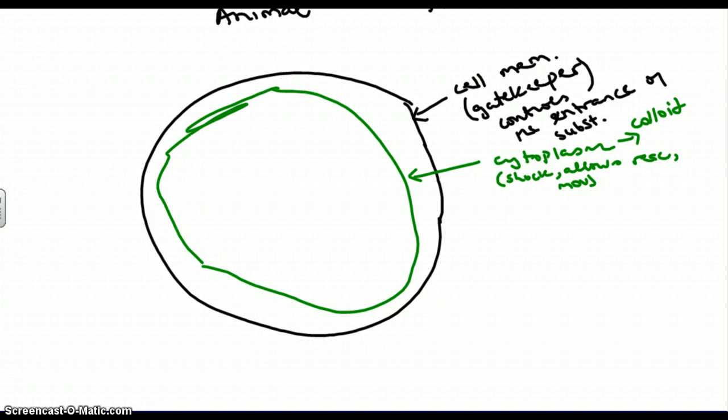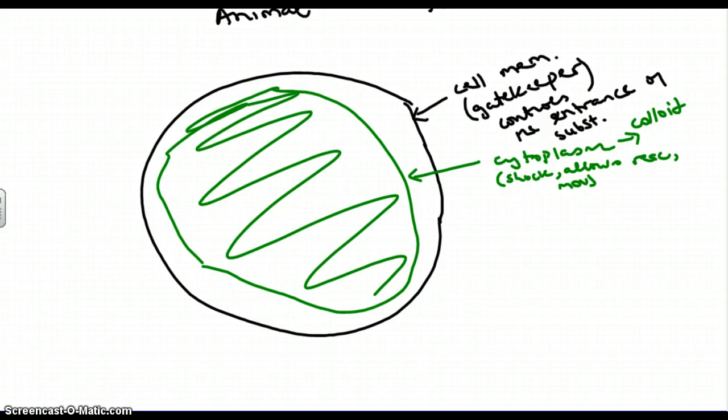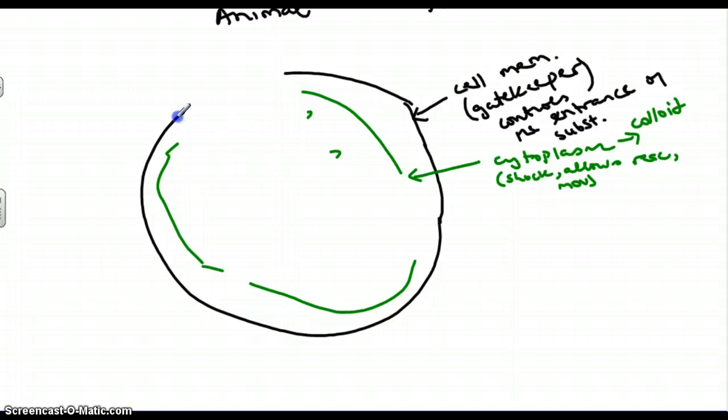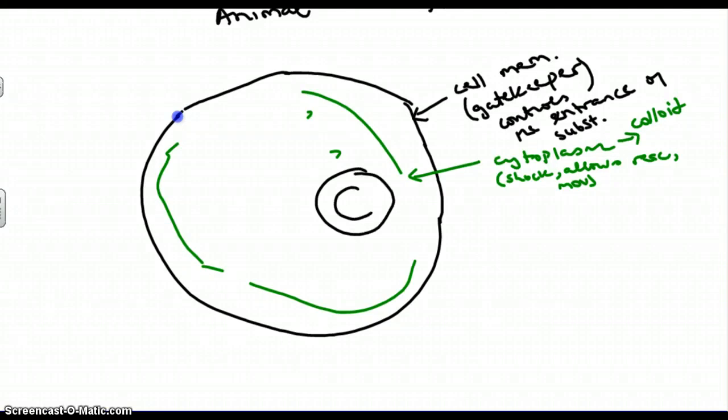Just remember that all this is not a certain part, and that's what the cytoplasm is. I'm just going to erase that so we don't get confused. Now we go in and we have the nucleus, and the nucleus has two sections.